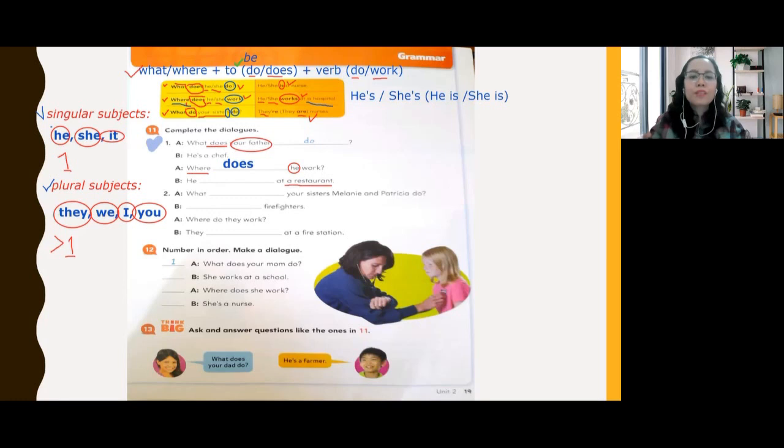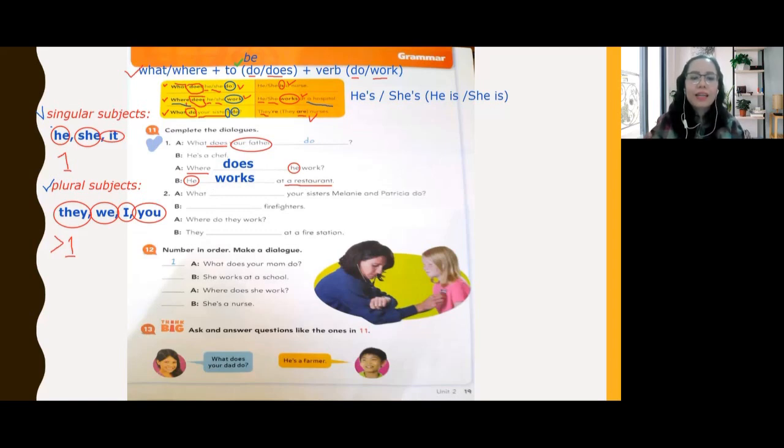So since we are using the subject he, what we are going to use? Of course, it should be work or works, yeah? Between work or works. So which one? Work or works? Yeah, you have to fill in with the word works.